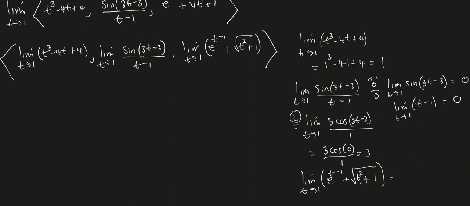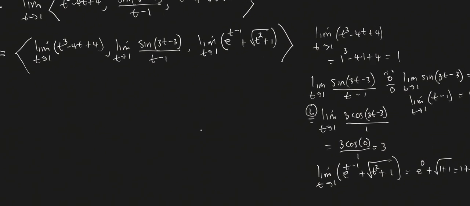This square root function, sometimes we have to be careful with the square root, but under the square root we have an expression that is never negative. So this component is always continuous. We can just plug t equals 1 in, and we will have e to the 0 plus the square root of 1 plus 1. So that's 1 plus the square root of 2.